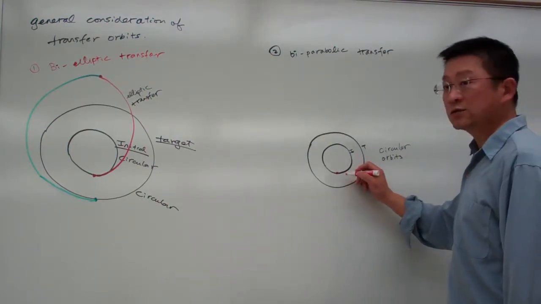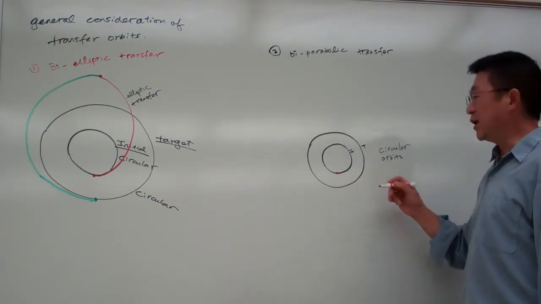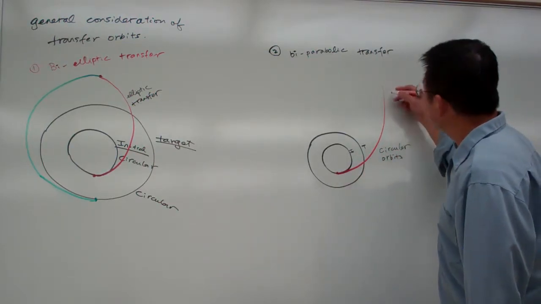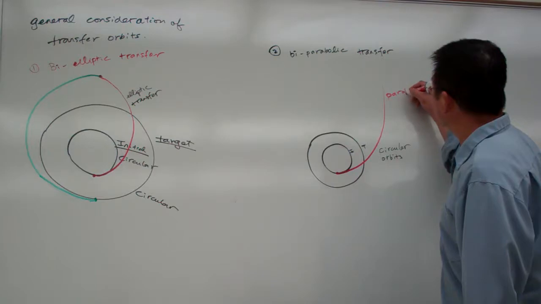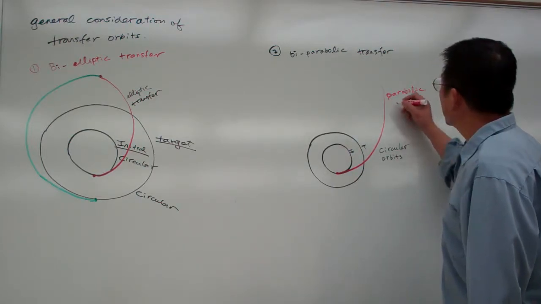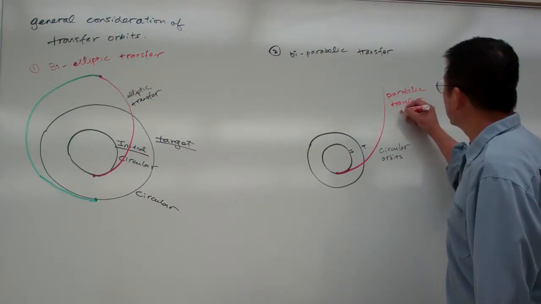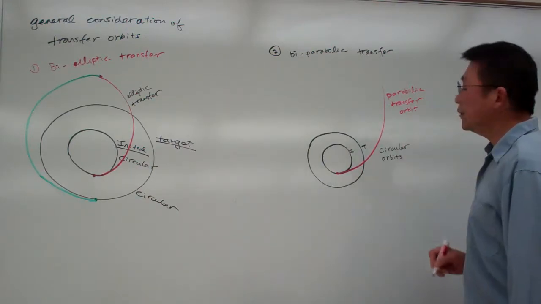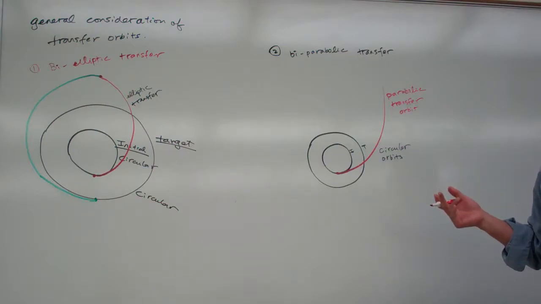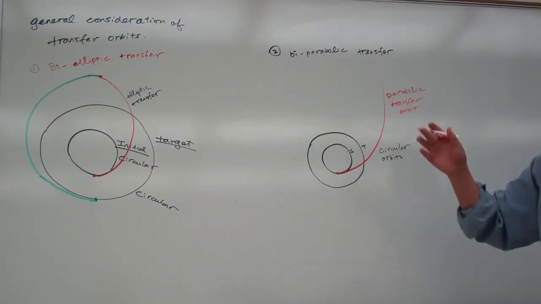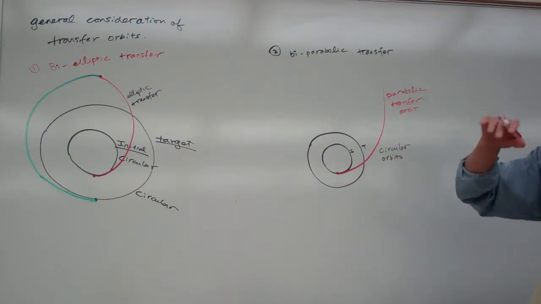This transfer orbit is so unique, and basically we take a parabola. You know the parabolic is to bring things to infinity. Basically, there is no closed form, right?